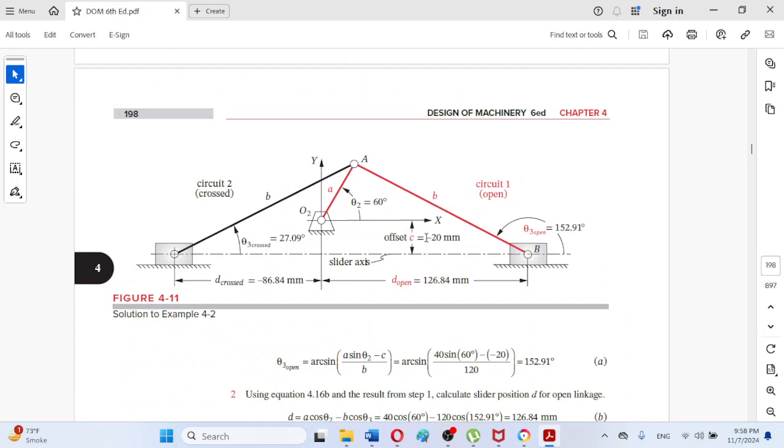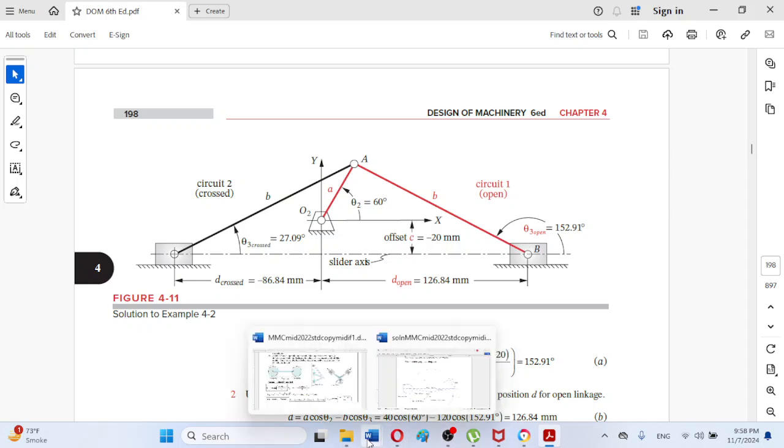So that was negative because the origin of the global coordinate system capital X and capital Y is always conventionally taken at the grounded pivot of the crank, and the local coordinate system small xy, which the author has not mentioned here, is taken at the slider location.